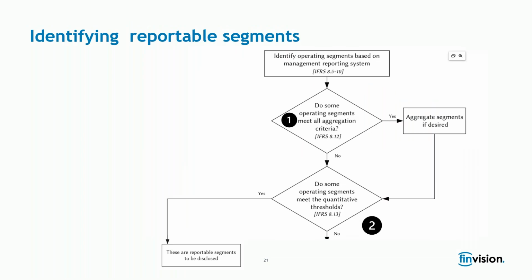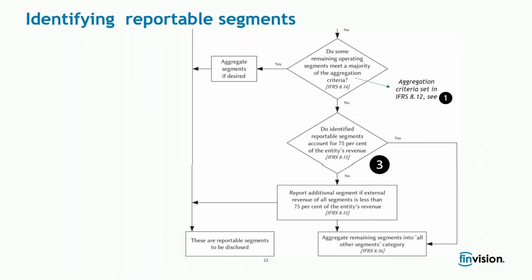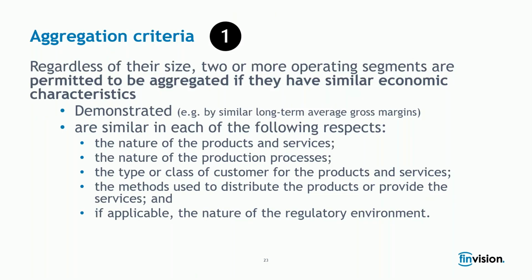So let's start with item 1. What are the qualitative operational aggregation criteria? So regardless of the size, you can combine 2 or more operating segments if they have similar economic characteristics. And those should be demonstrated in each of the following.